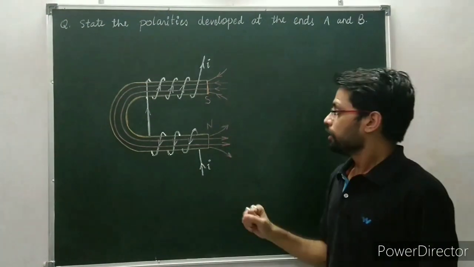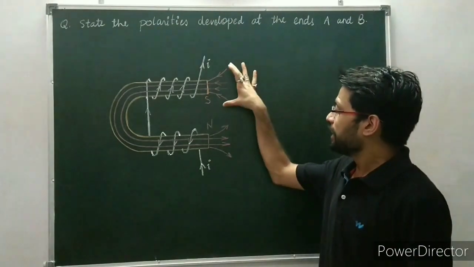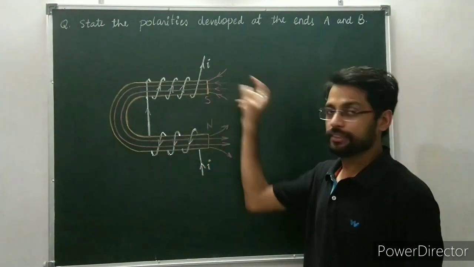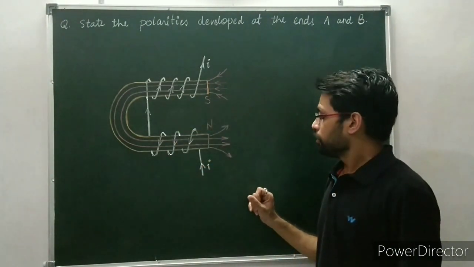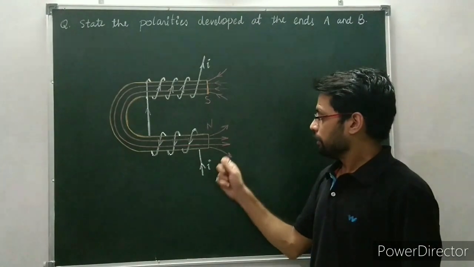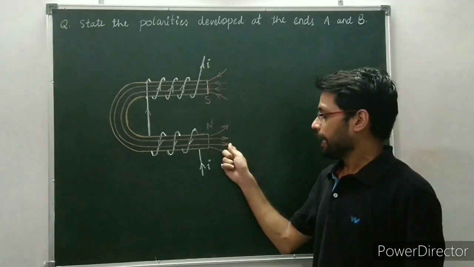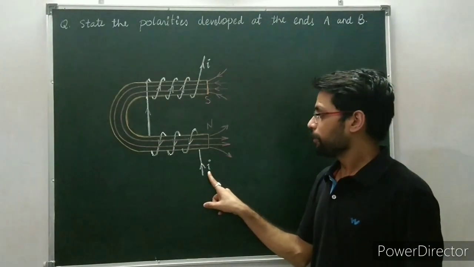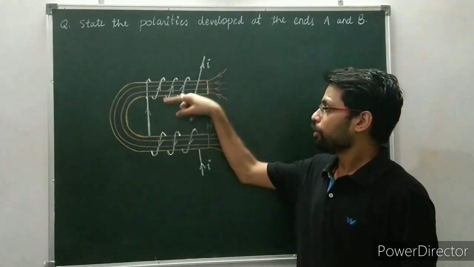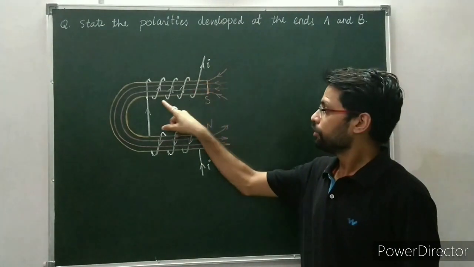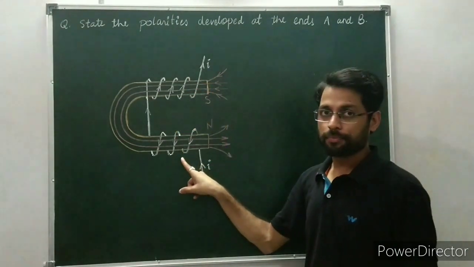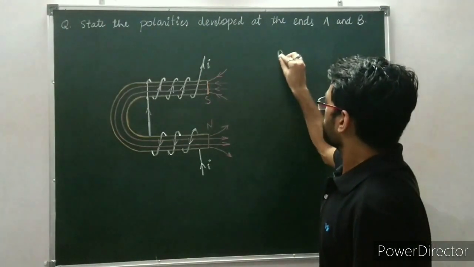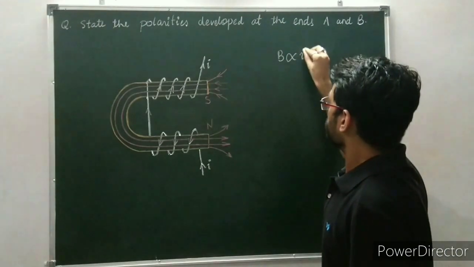Now the question is, how can we increase the strength of the magnetic field produced by the current? The magnetic field strength can be increased either by increasing the current or by increasing the number of turns in the coils, because we know that the magnetic field strength B is directly proportional to the current.